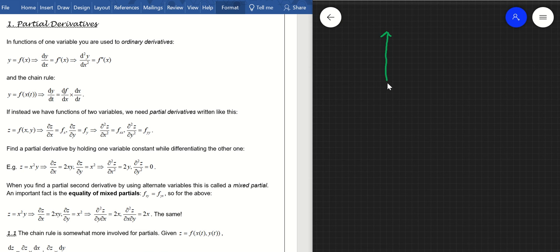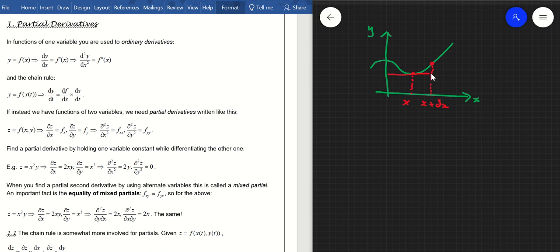We have our graph, x and y axes. I'm just going to draw some function, and when I go from one value of x to another value of x, there's a small change, and I can have dy by dx, which would be the gradient at this tangent.